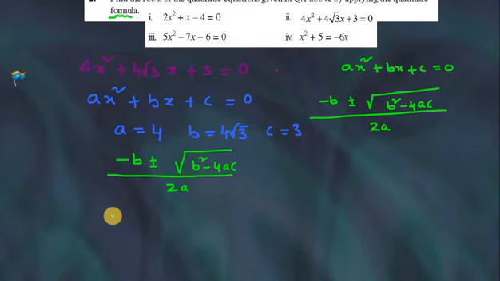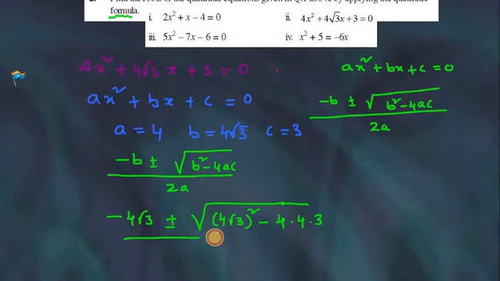Minus b, so minus 4 root 3, plus or minus square root of b square, 4 root 3 whole square, minus 4 into a value, 4 into c value 3, by 2 into a. The a value here is 4.